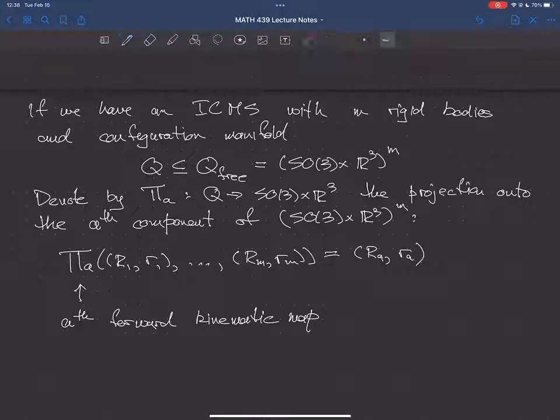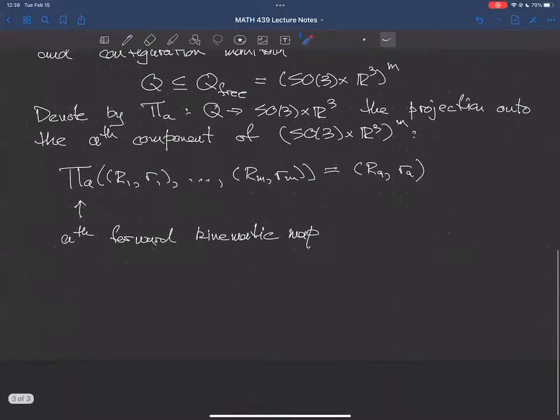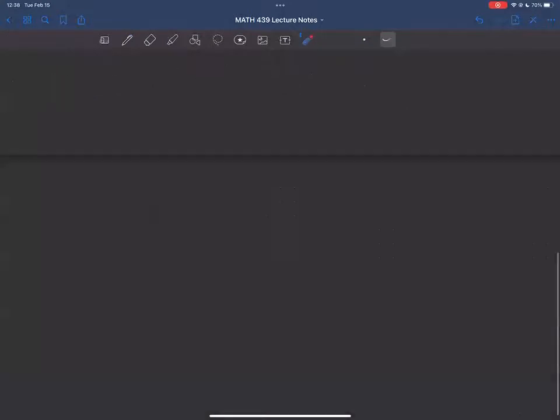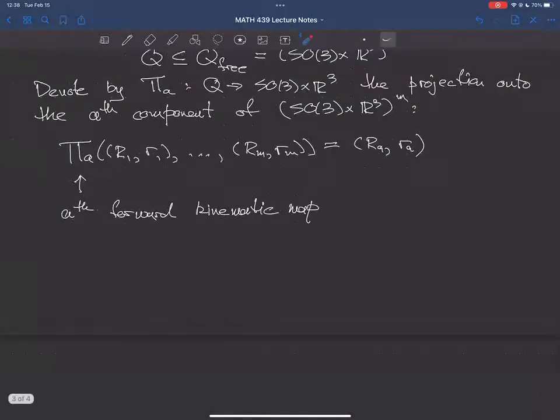Just taking m of these and returning the 8th one. And physically, it's also very simple. It just takes all of the bodies that are in some configuration, and the configuration is labeled by that, and it returns the configuration of the 8th body. Okay, so physically and mathematically, this is a very simple thing. But it's also a very important thing, and we're going to make great use of this thing.